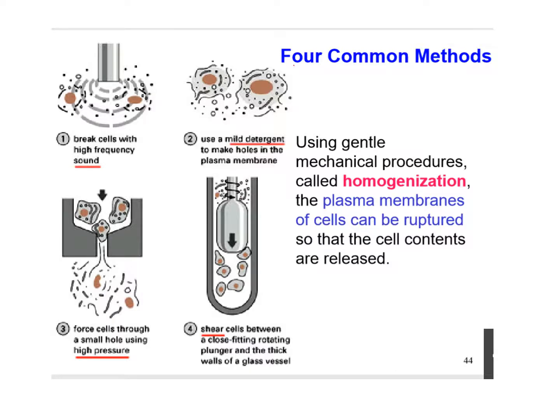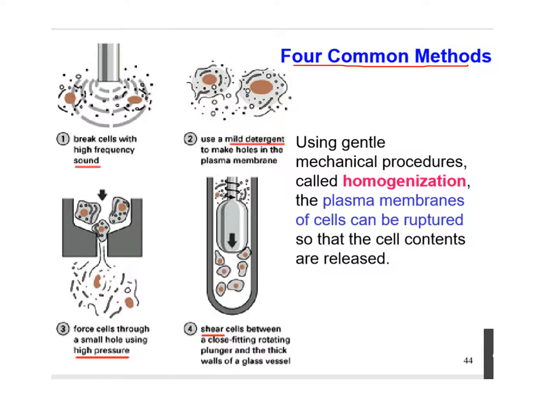There are 4 common methods. I think we talked about 3. Here's sound wave sonication. Here, you force cells through some type of small membrane, and it pushes the cells by pressure and forces them through a little tunnel. It's nanopore size, and that squeezes the cells and breaks them open, kind of like squeezing Play-Doh until it eventually comes through your hands.